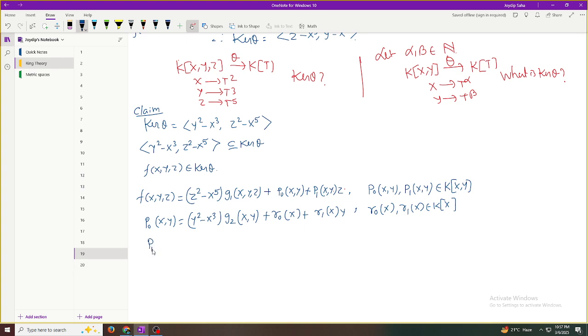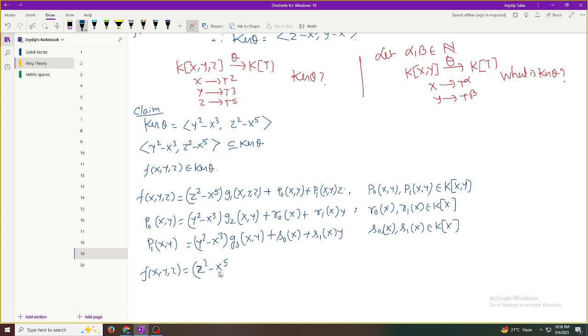And p1(x) similarly is y square minus x cube times g3(x,y) plus s0(x) plus s1(x)y, where s0, s1 lie in K[x].